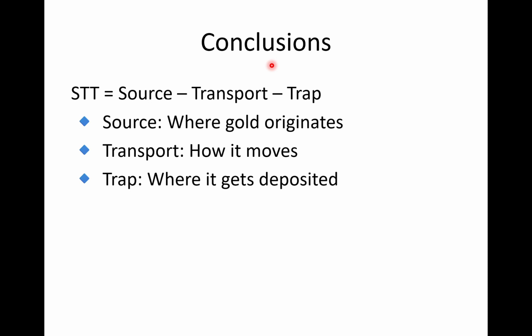For example, if one can identify a potential source area, say a particular stratigraphic unit or intrusion known to generate gold-rich fluids, one can then look for connected structures that could transport these fluids, and along those structures, search for likely trapping sites, bends, lithological contacts, etc. That would dramatically improve gold exploration strategies.